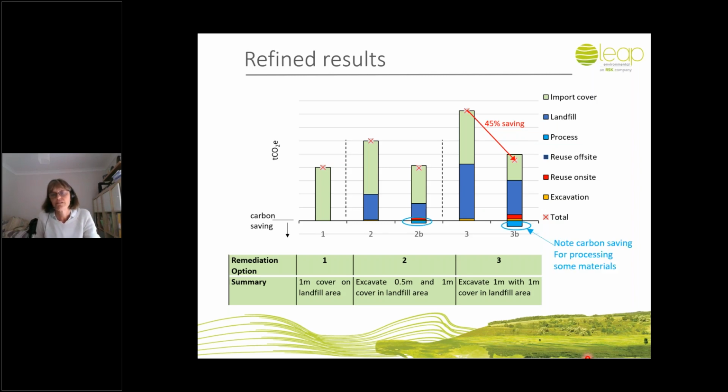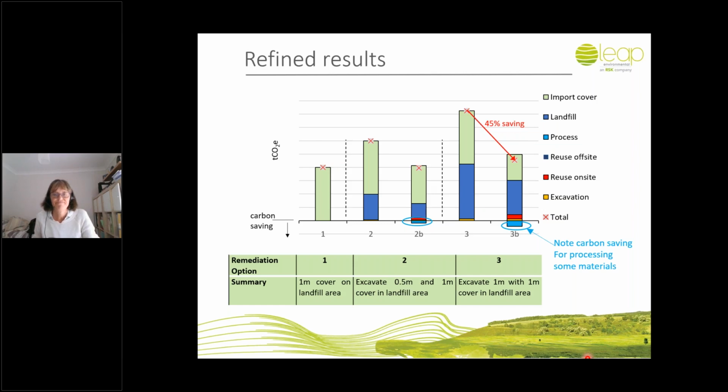The other thing to note, this was really tough for me to actually absorb at the time, is I suddenly get carbon saving, because metal has such a huge carbon footprint. By recycling it and reusing it, we start to gain carbon back.